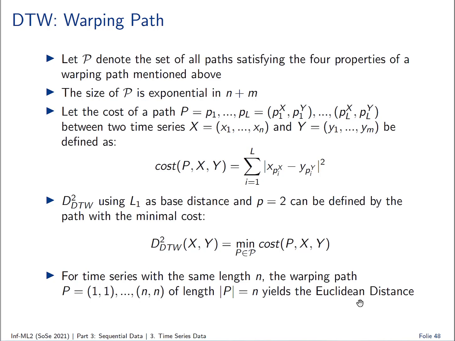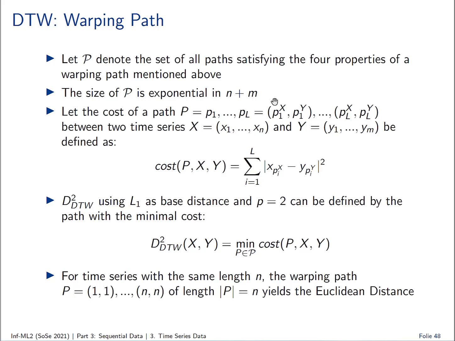So Euclidean distance is the special case of dynamic time warping if you have no warping, obviously. That is the basic point, that you have no warping here. But the general case, of course, is that you allow warping. So the warping path has length more than n, n plus m plus 1 in the worst case, so to say.